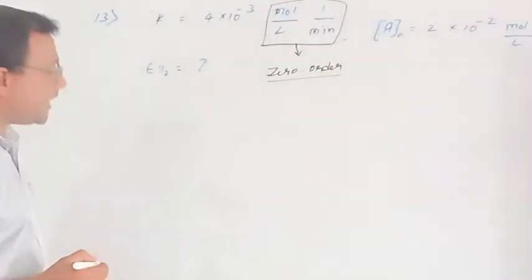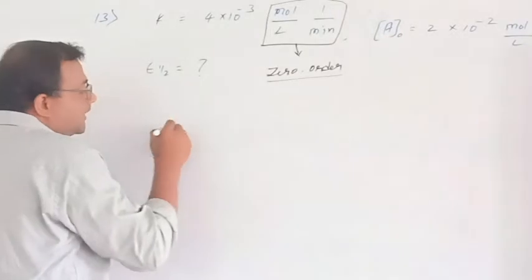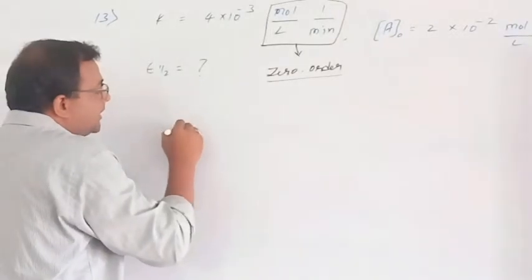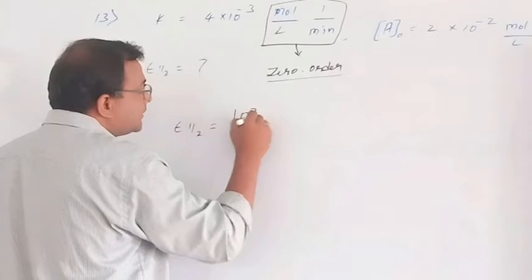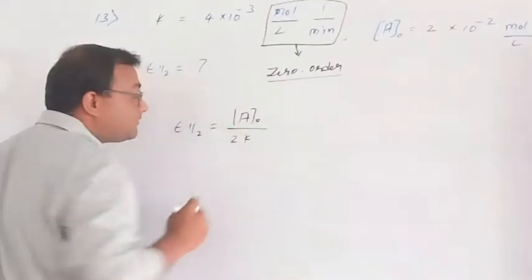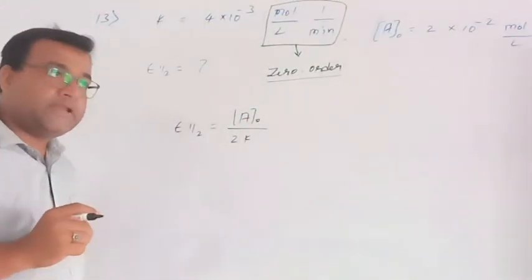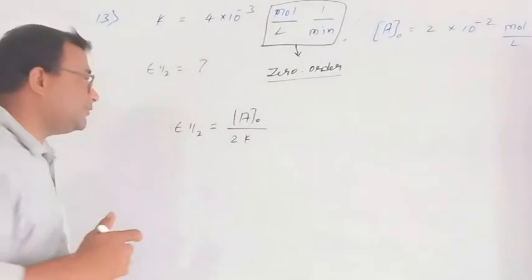For the zero order reaction, we know that T half is equal to A naught upon 2K. This is the formula, direct substitution.